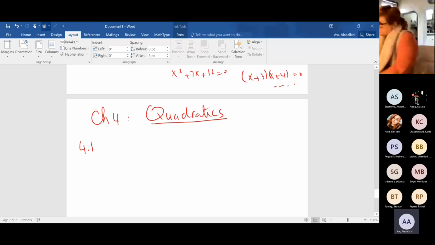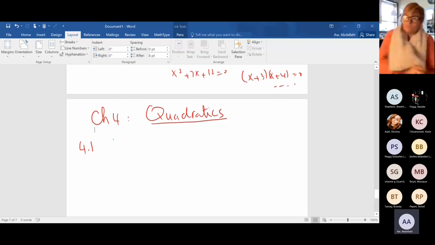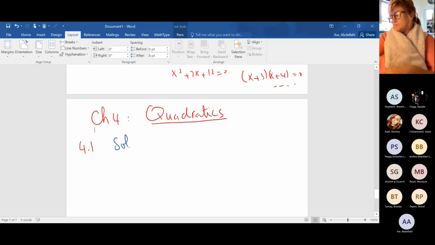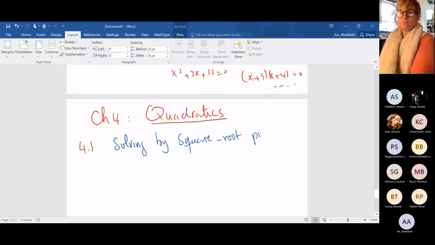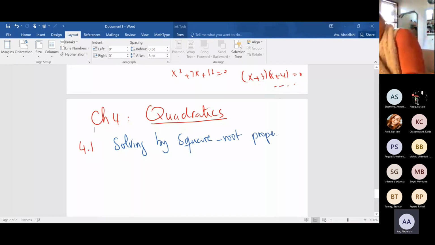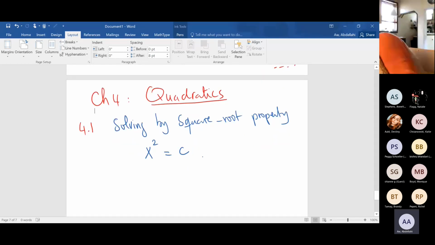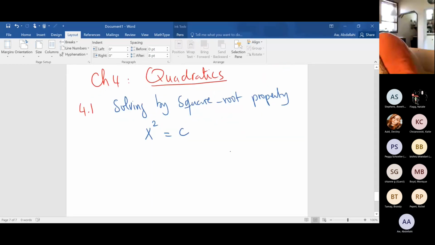The very first one is solving by the square root property. If you have x squared equal to c, what would be one way to remove the square?